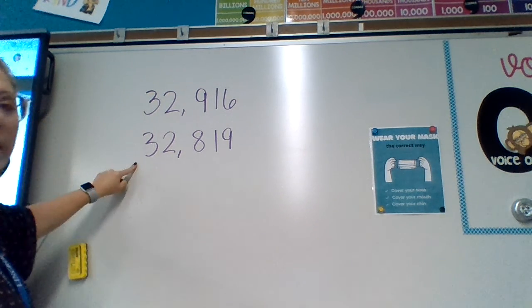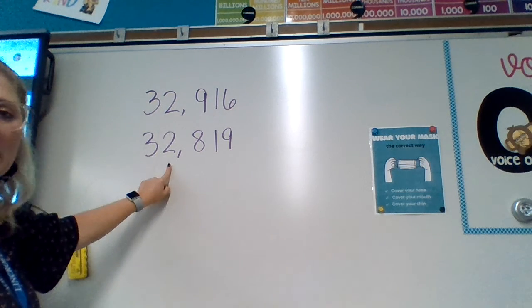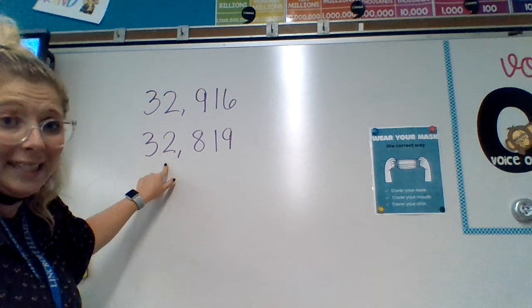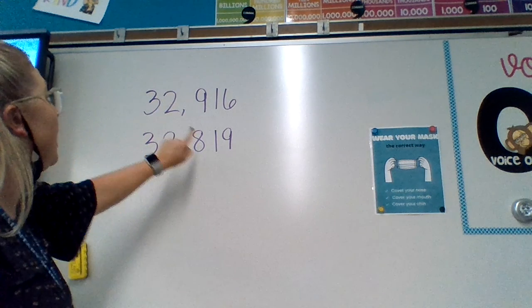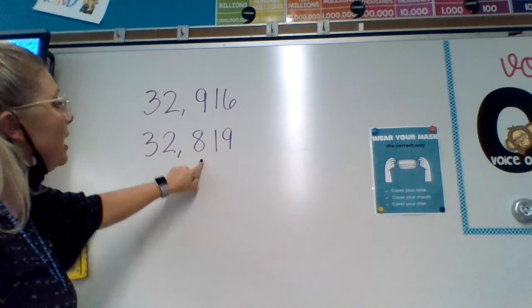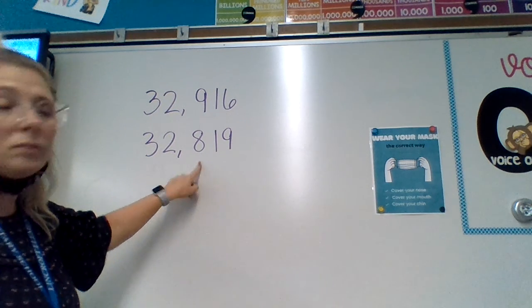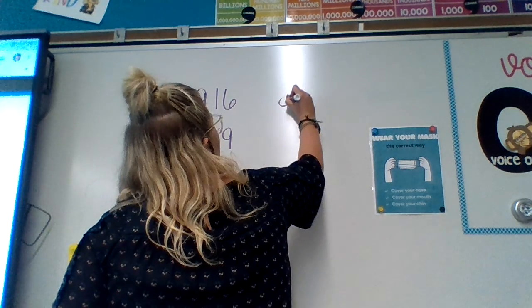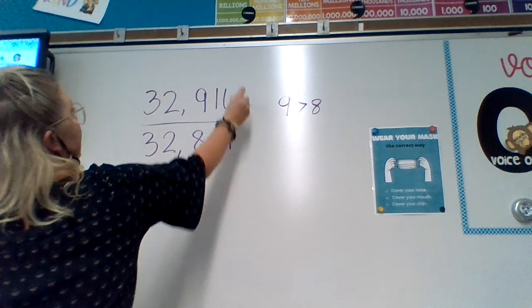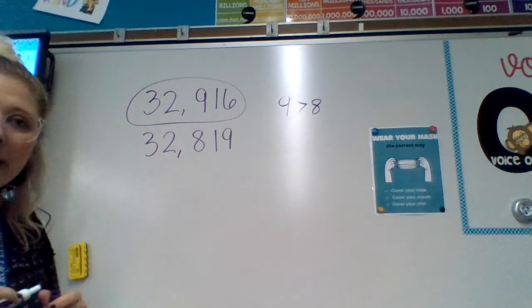They both are 3, so I move over to the next place. Both are 2, so I still need to keep moving. Then I go over to my hundreds place, and this one's a 9, and this one is an 8. Well, I know that 9 is greater than 8, so this one is our greater number.